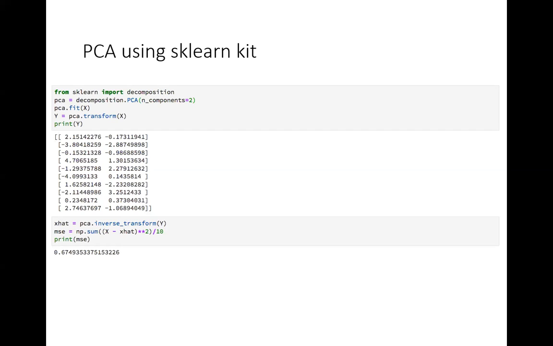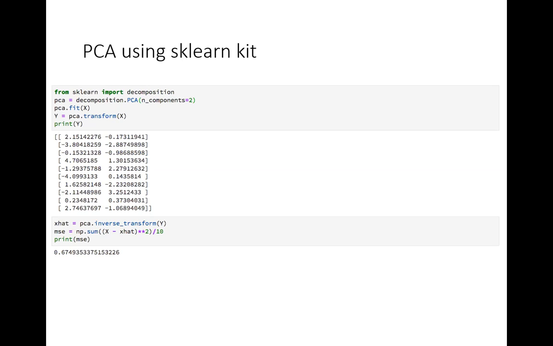So we will define our PCA method as decomposition.PCA, and we can specify how many components we want to keep. In this case, we want to keep only 2 components. So we say number of components is 2. What we have done is specify we want to apply PCA and get the results in 2 dimensions.